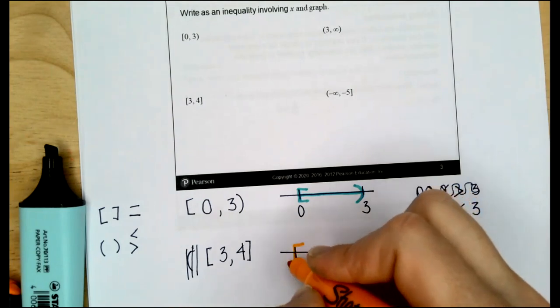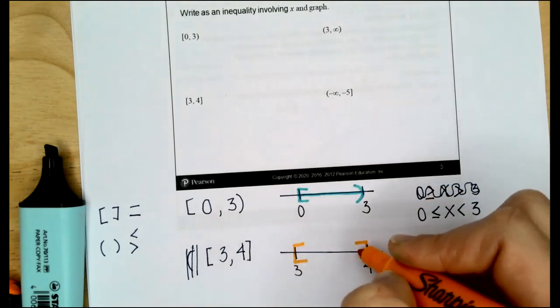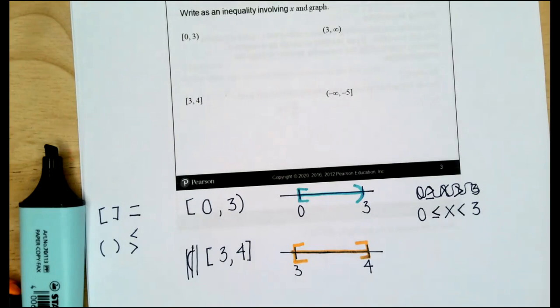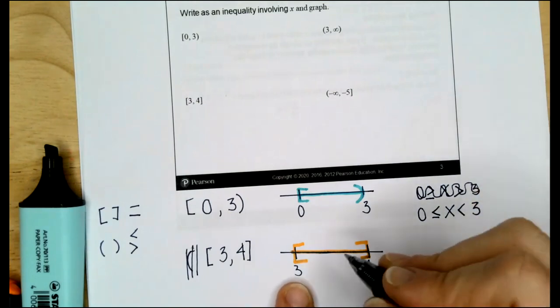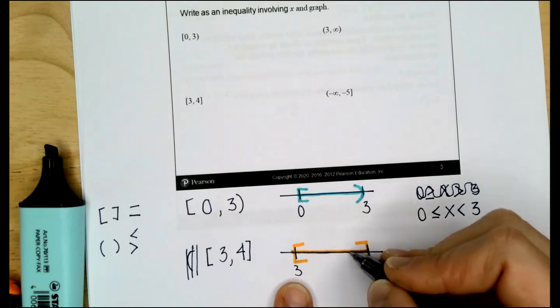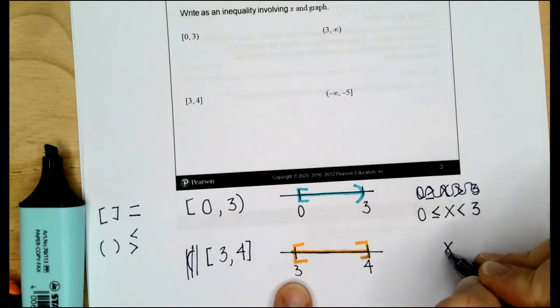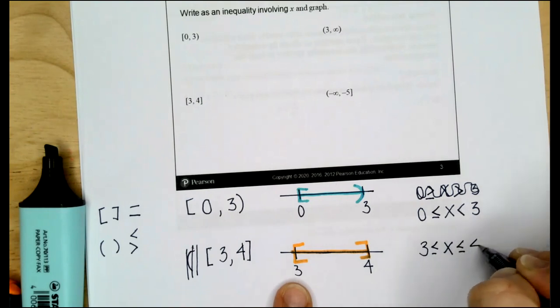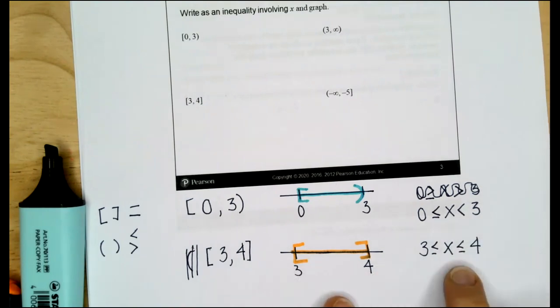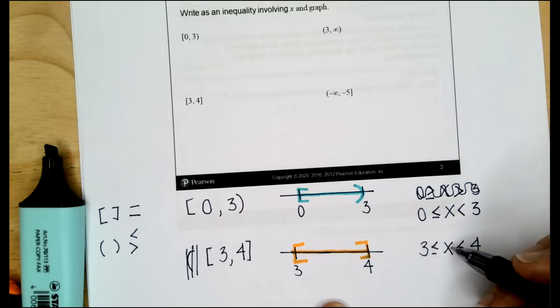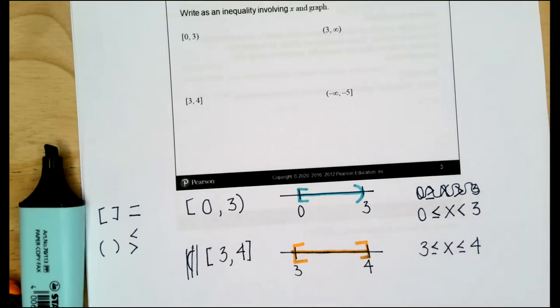You just graph from 3 to 4. And what are we saying about 3 and 4? We're saying that we are talking about every number that is bigger than 3 and smaller than 4. So x is bigger than 3 and x is smaller than 4. The equal signs are because of the brackets. X is bigger than 3, x is smaller than 4. Just kind of talking it out.